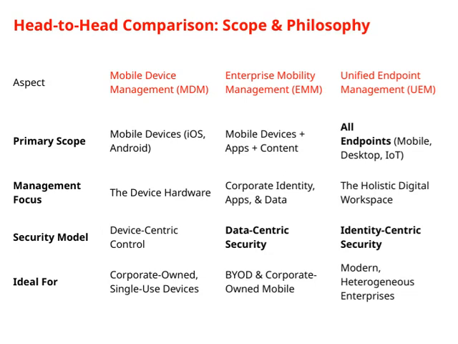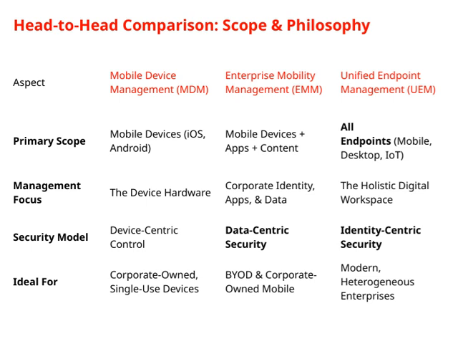Let's take a closer look at this table, which compares the key aspects of mobile device management, enterprise mobility management, and unified endpoint management. Starting with the primary scope, MDM mainly focuses on managing mobile devices like iOS and Android smartphones and tablets. EMM extends that scope to include not just the devices, but also the applications and content that run on them.